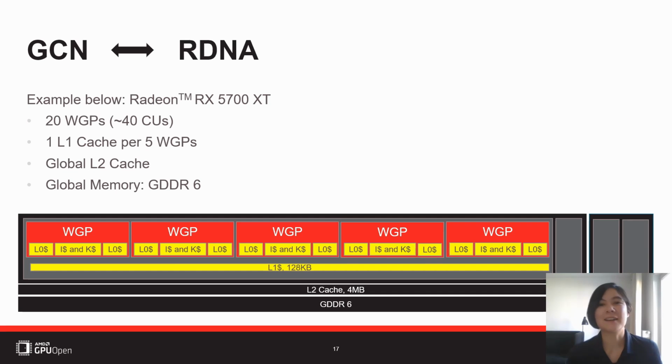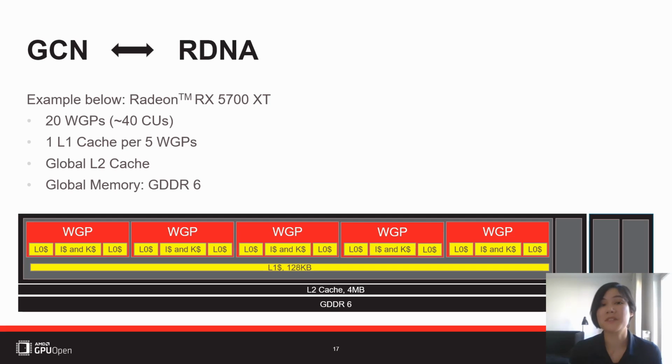Let's look at the RDNA example. In this case it is an RX 5700 XT. It has 20 workgroup processors, or also equivalent to about 40 compute units. And it also has an L2 cache, 4 MB.